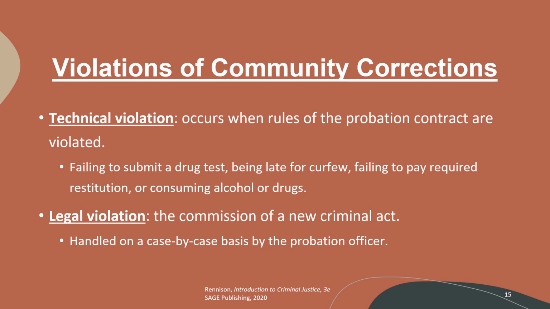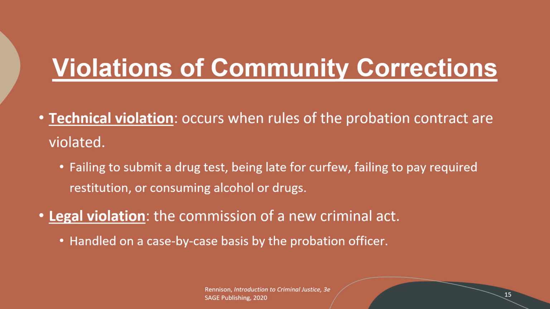Now, what happens when they commit one of these two types of violation? Well, probation officers have the discretion in most cases on how to handle violations. And typically, you're looking at how they handle technical violations. So it can range from informal warnings to not do that again.